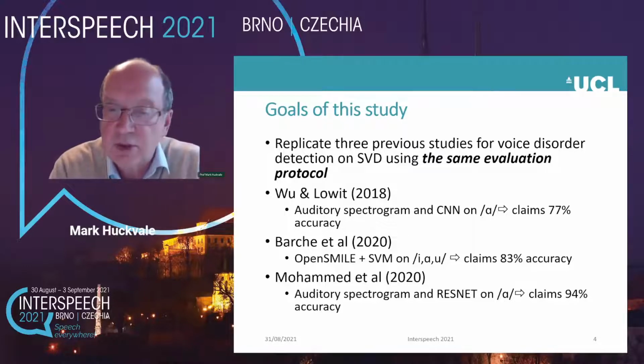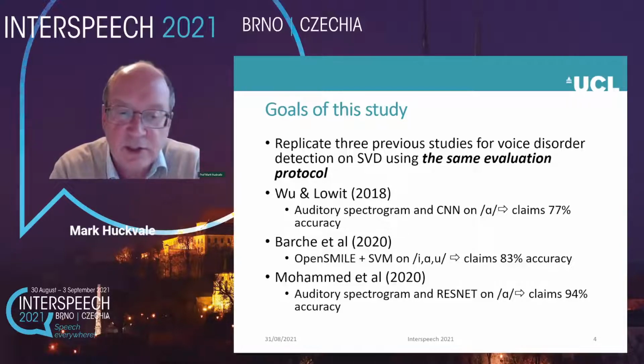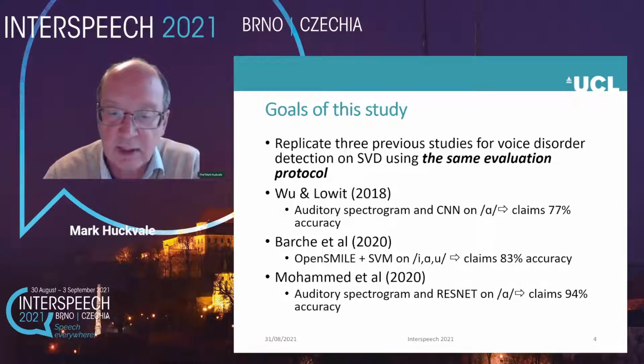A system which uses E, R, and U on different pitches, uses the OpenSMILE feature set and a support vector machine classifier, claiming 83% accuracy, and a study that uses an auditory spectrogram and a convolutional neural network called ResNet, also on an R vowel, which is claiming a 94% accuracy.